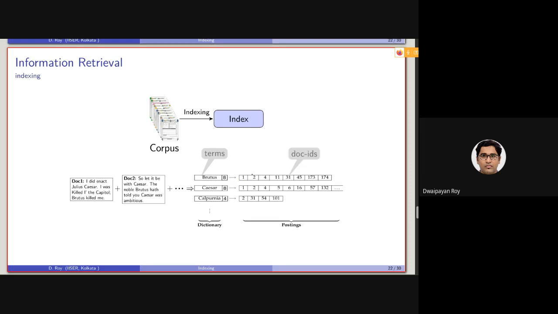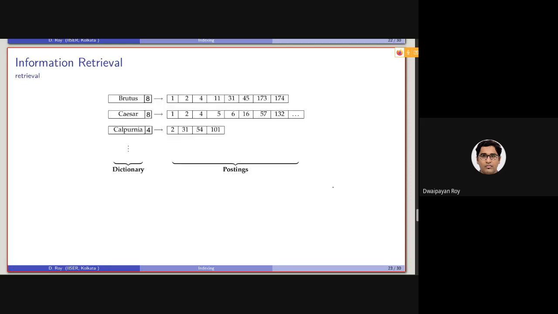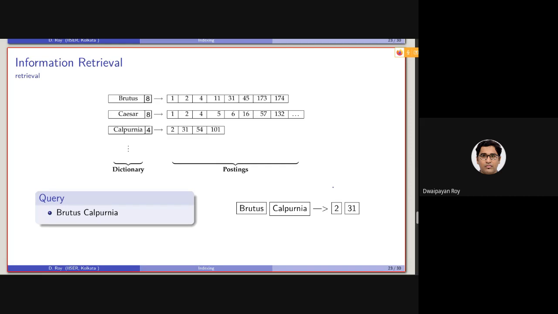So this is the terms together with the document frequency and the doc IDs in which they are appearing. Now, while doing the retrieval, what will we be doing? Let's say the system received the query Brutus Calpurnia, two terms. Now note that this is a list, isn't it?